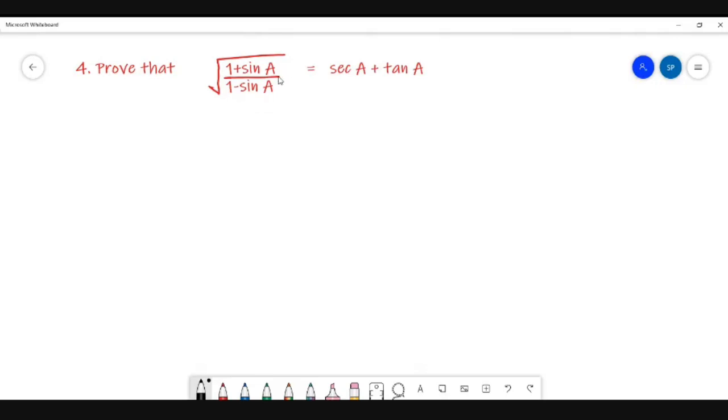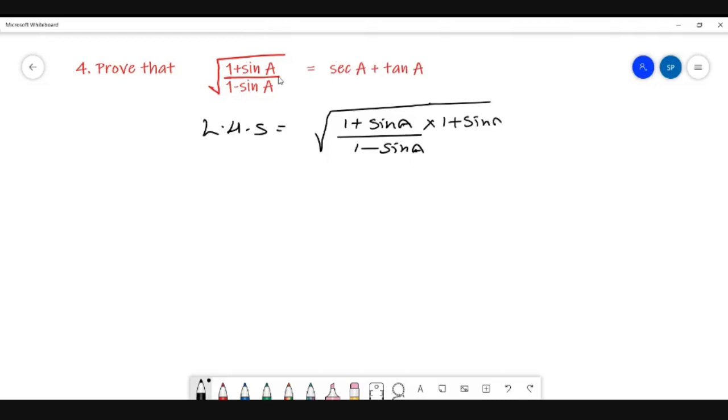We have the left hand side as square root of 1 plus sin A by 1 minus sin A. So inside the root itself, we multiply with the conjugate of the denominator. Denominator is 1 minus sin A. The conjugate is 1 plus sin A.